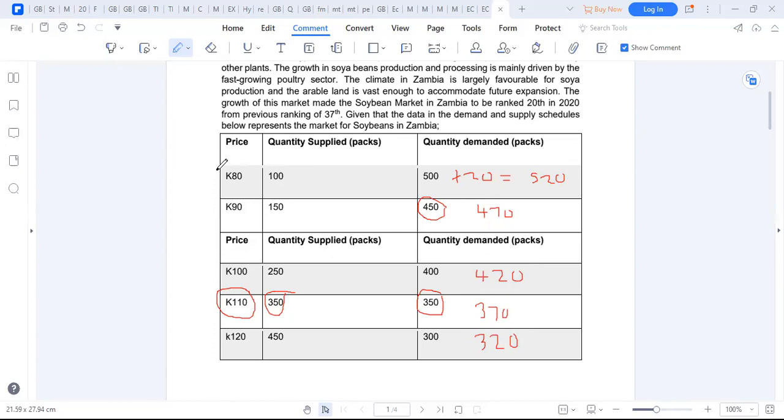So let's try the first area here. 80 to 90, 520 to 470.